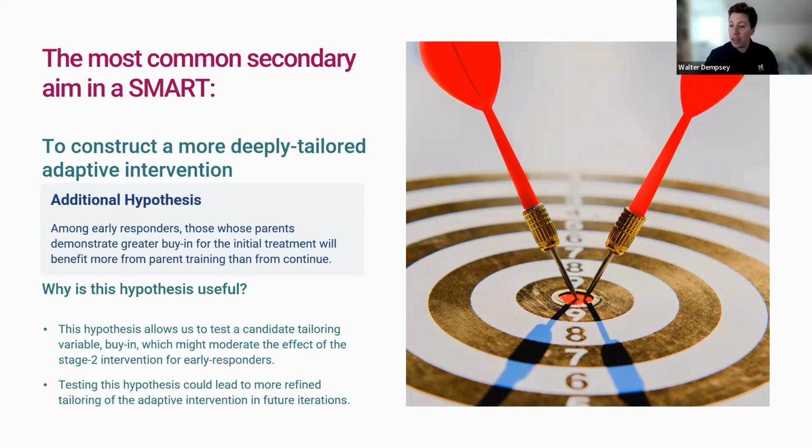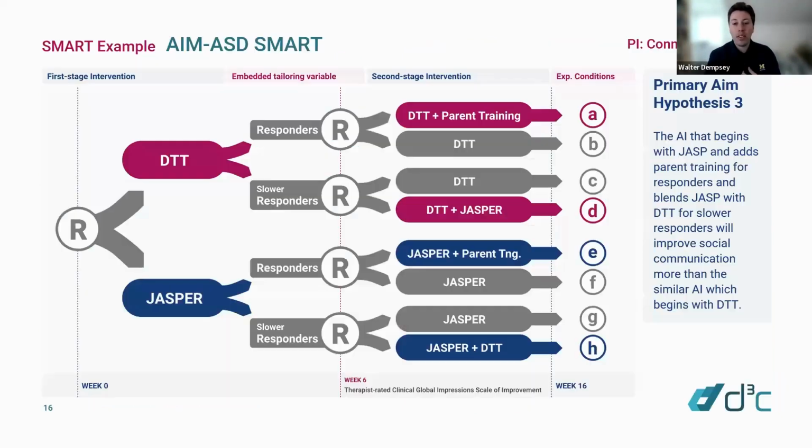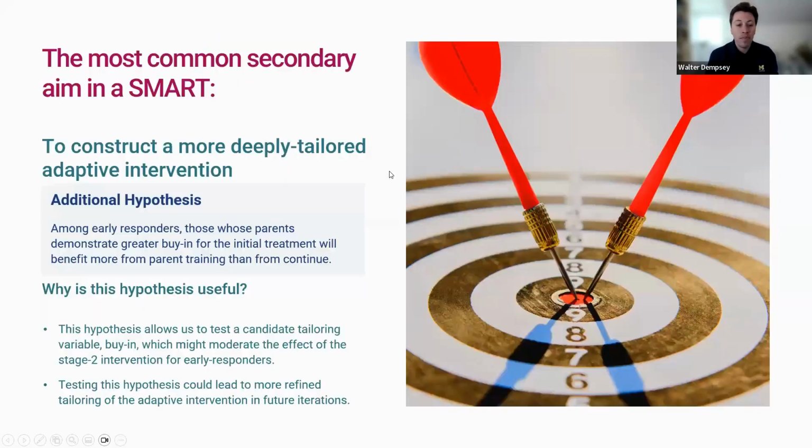When I say deeply tailored, what I mean is instead of taking response status and just saying for all responders, we're going to give DTT plus parent training, it may be that for a subset of responders, it's better to give parent training and DTT, and for a different subset, it's better to give DTT. And so you're going to tailor even further to particular values and variables you've collected on these individuals.